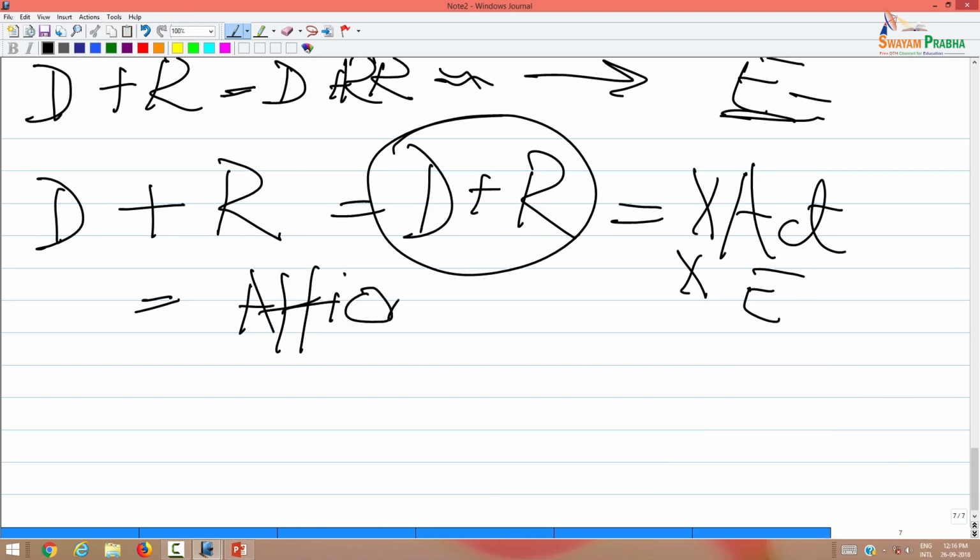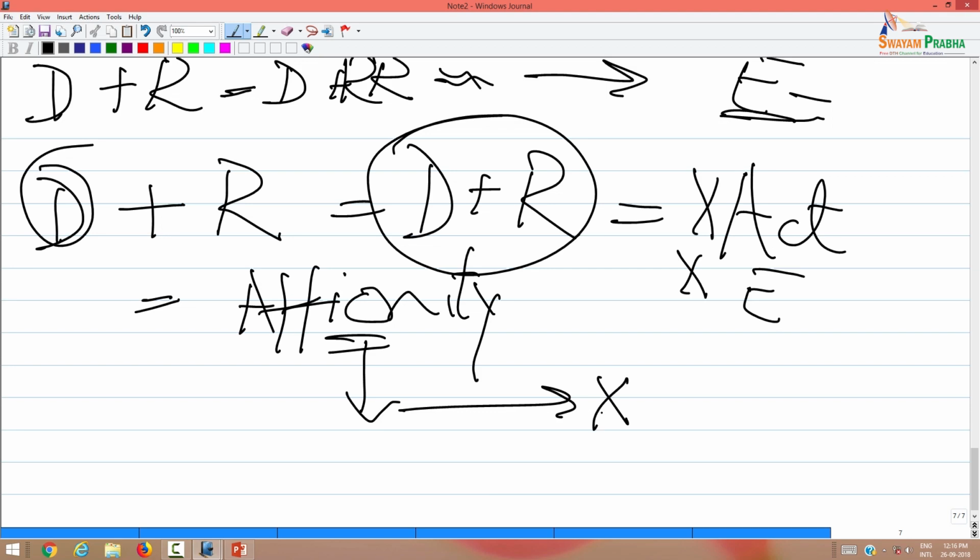So, what is affinity? Affinity is the ability of a drug molecule to bind to a receptor, to occupy a chair, and that is affinity. Now, there may be two types of person. One is the person who has an affinity, means occupies a chair, and does not produce any action. This is called no intrinsic activity. So, what is intrinsic activity?